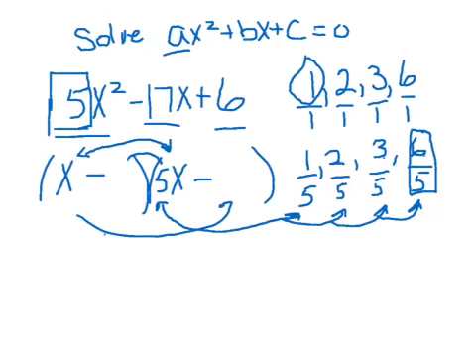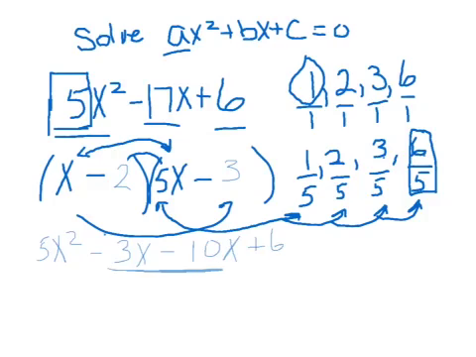Now, let's put in the 2 and the 3. Let's check it. So 5x squared again, minus 3x minus 10x plus 6. That'll be negative 13x. So that's not right either.